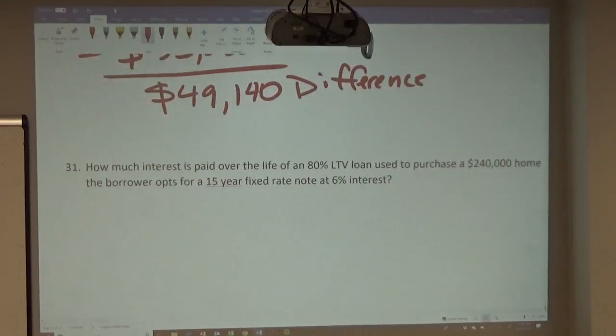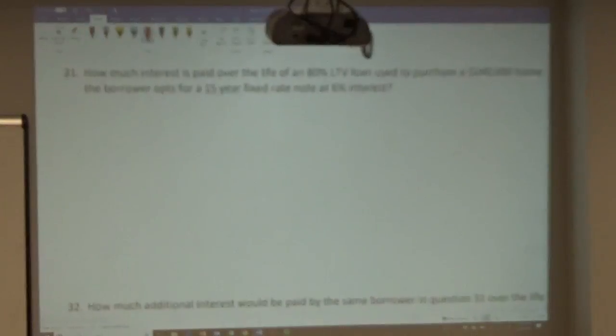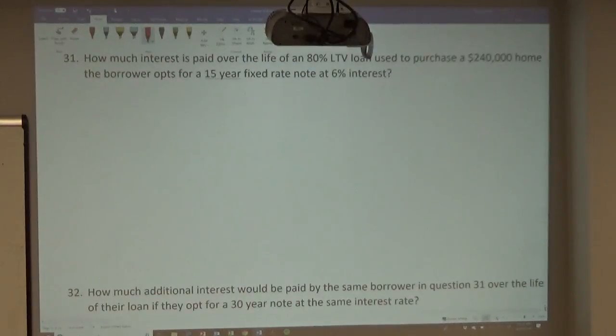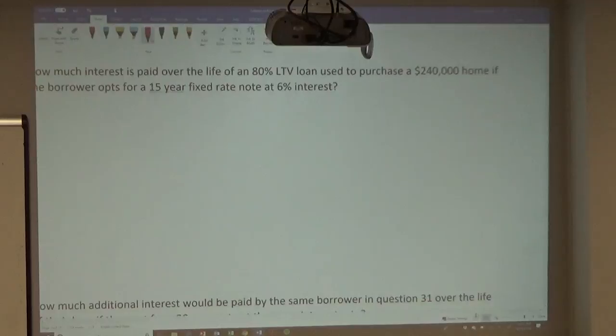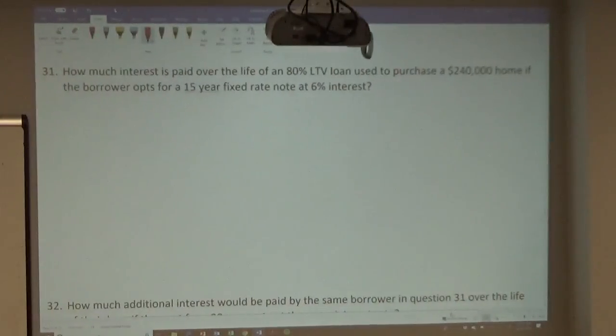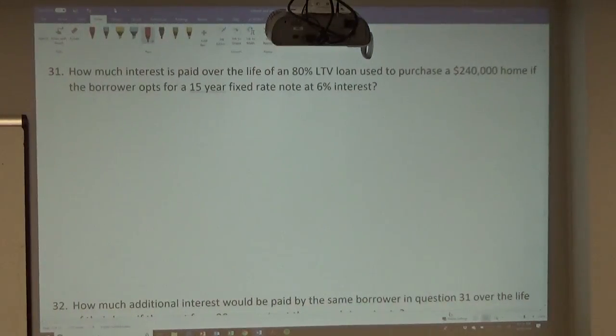All right. Number 31, how much interest is paid over the life of an 80% loan-to-value loan used to purchase a $240,000 home if the borrower opts for a 15-year fixed-rate note at 6% interest. So they want to know how much interest is paid over the life of this loan.